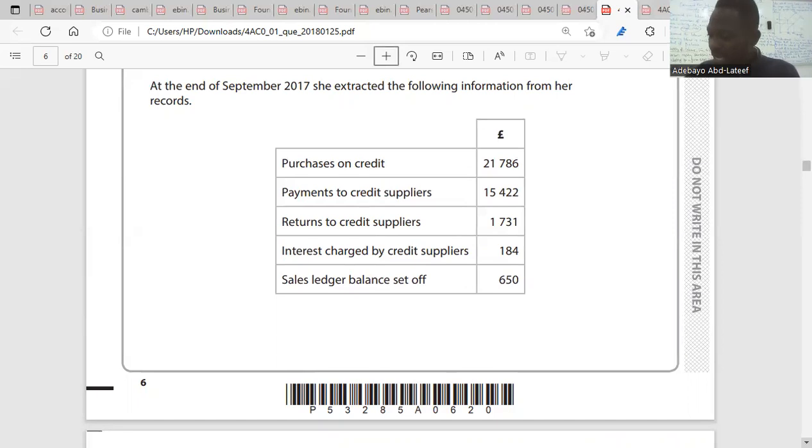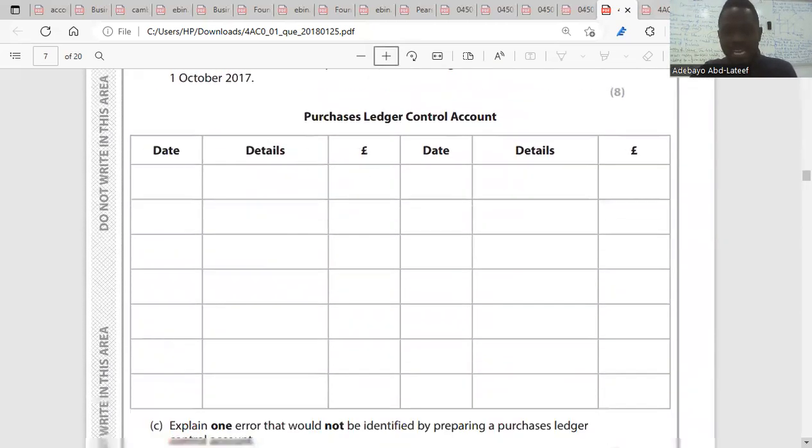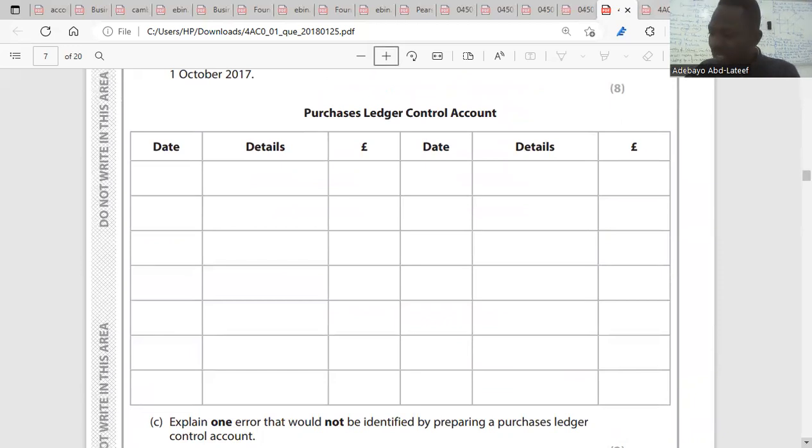So when you add them together, the total on the debit side will be equal to the total on the credit side, 29,970. Then on your credit side, you carry it down as balance brought down. Here you have your balance carried down as 12,167.